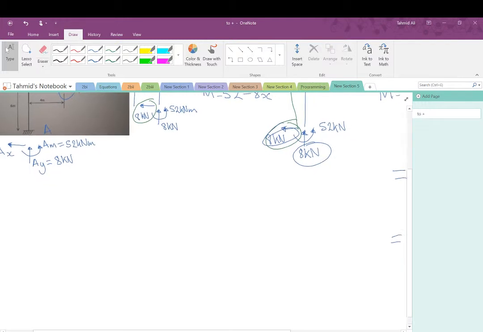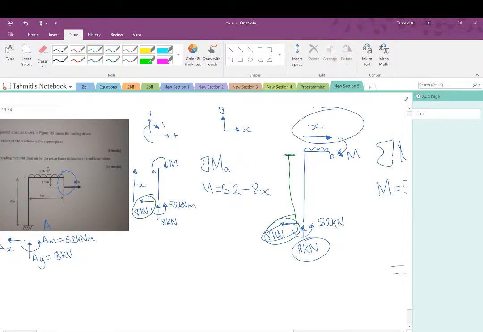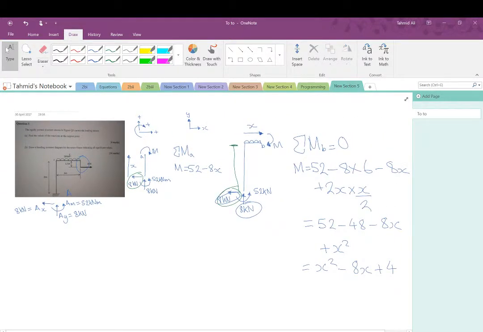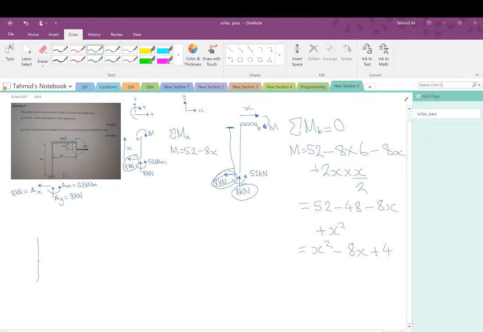So similarly to what we did in this section, we'll just continue. Make sure the moment is going clockwise or anti-clockwise. If you've been consistent with anti-clockwise all the time, keep anti-clockwise. But since I've been doing clockwise, I will keep it clockwise.